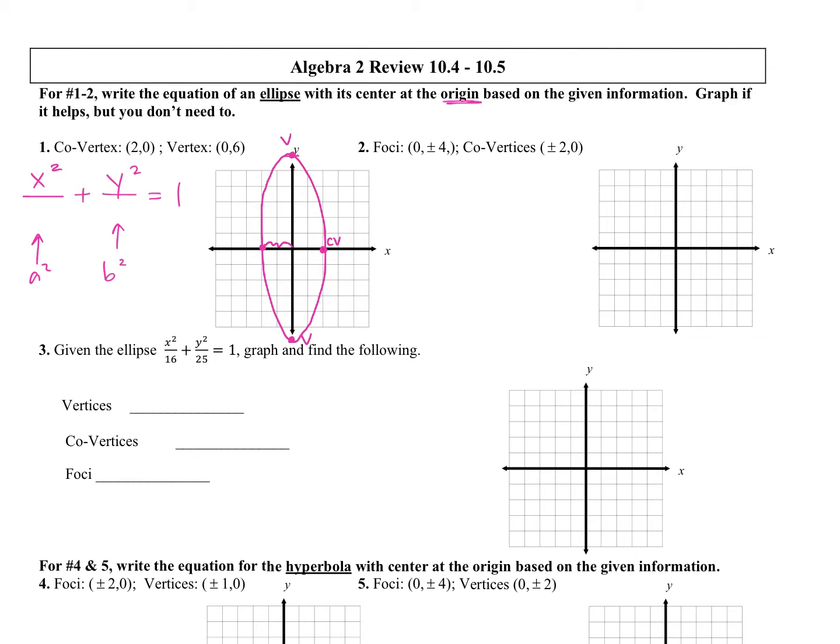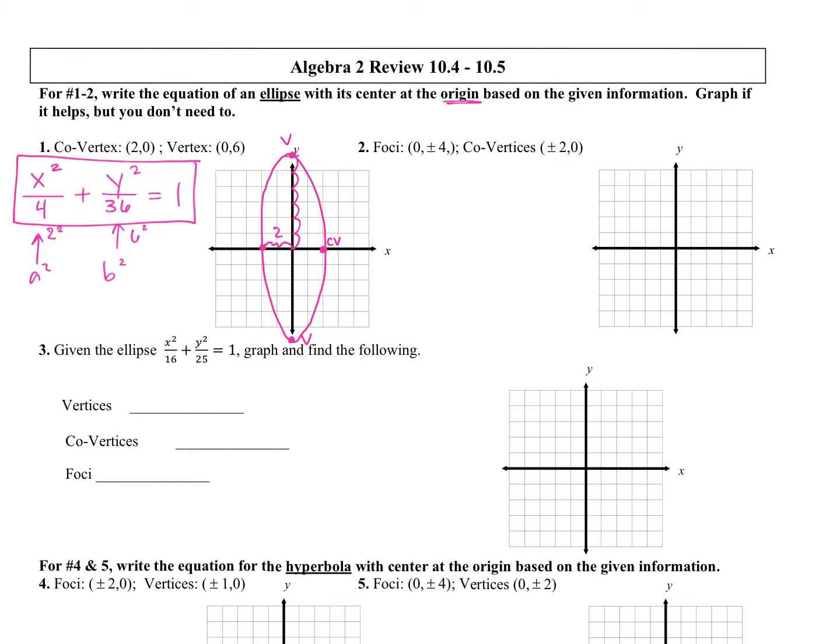So 2 is our distance there. So it's 2 squared, which is going to be 4. And then our b value is the vertical distance. And our b value here is, what was that, 6? So that's going to be 6 squared or 36. So it's going to look just like that.